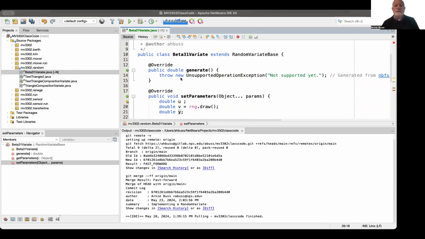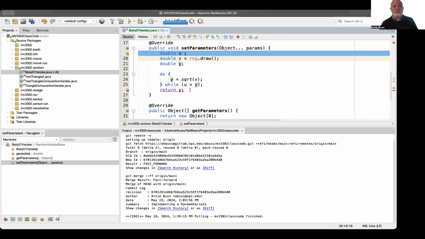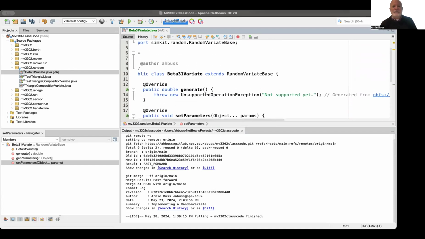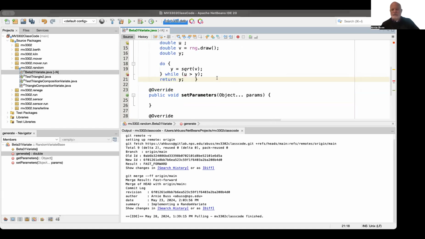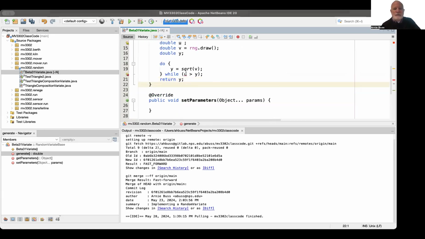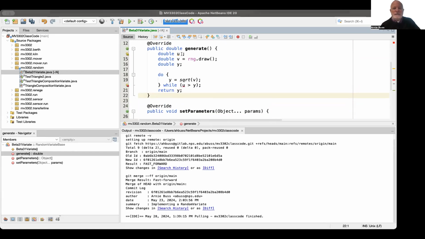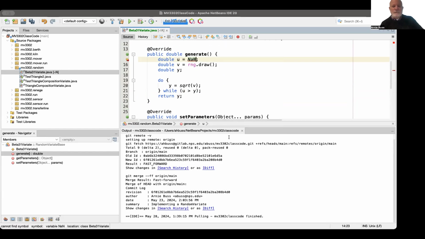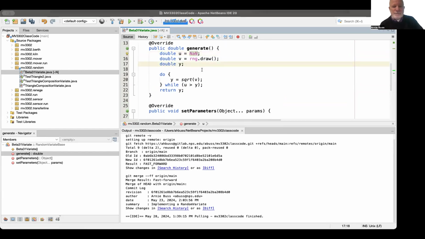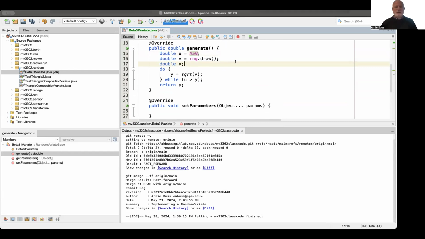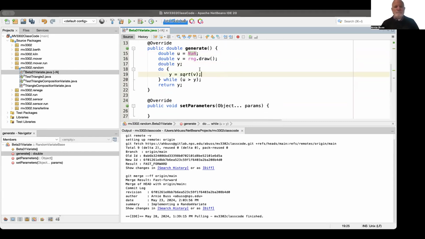Oops, I did it in the wrong place. It's not going to be initialized or something. I don't know, Java is sometimes overly anal.